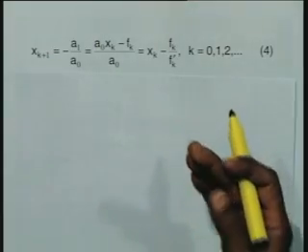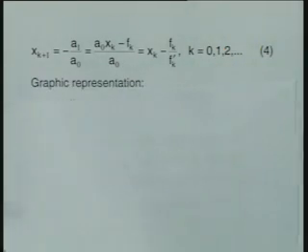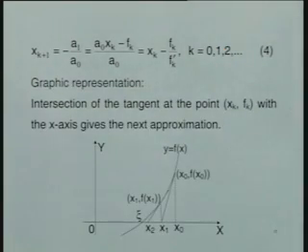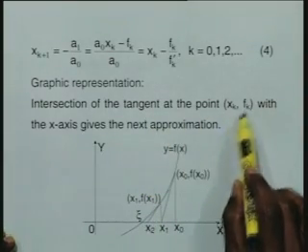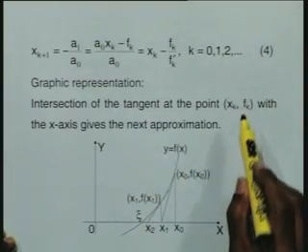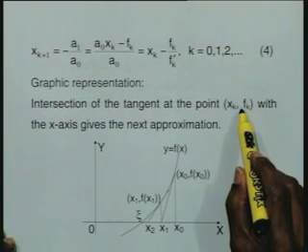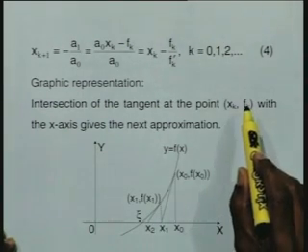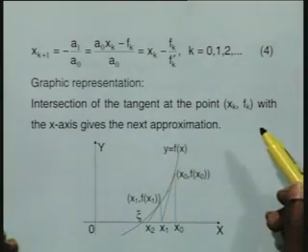Now, before we comment on the application of this, let us see how this is the same as approximating by a straight line in the neighborhood of the exact root. What we are doing in the Newton-Raphson method is taking the point x k, f k on the curve, writing down the equation of the tangent at this point, and taking the point of intersection of the tangent with the x axis as our next approximation.